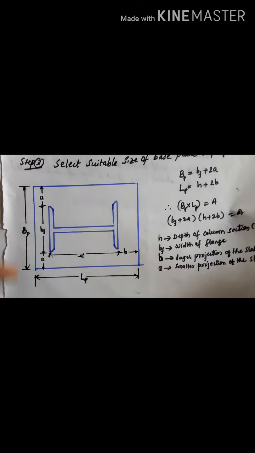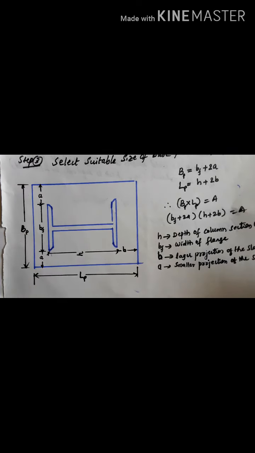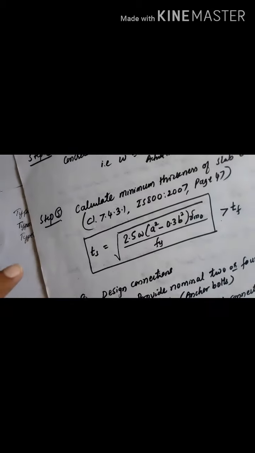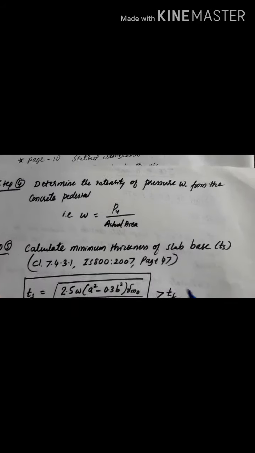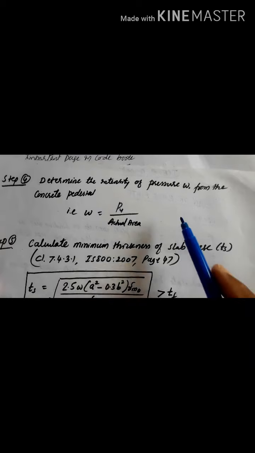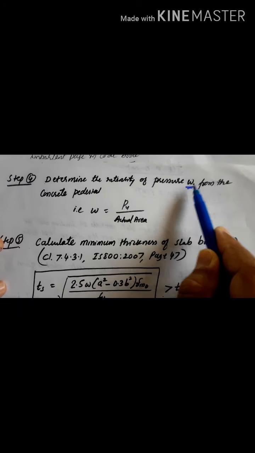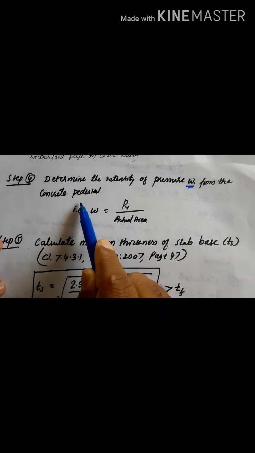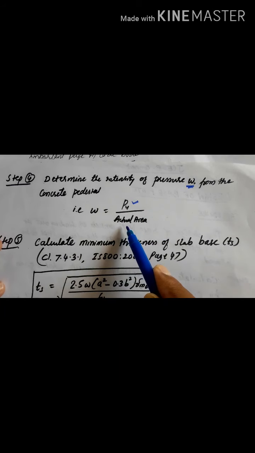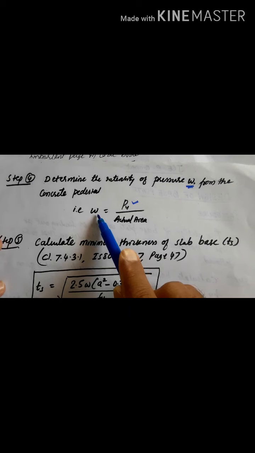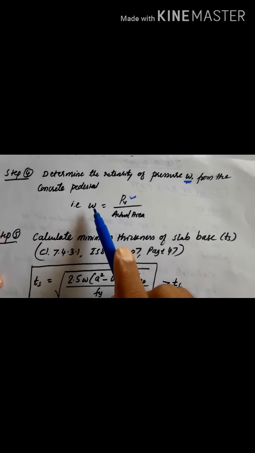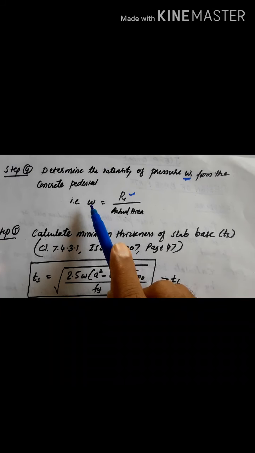Once you have done these things, next determine the intensity of the pressure, that is W, from the concrete pedestal. The load is known, so with the actual area provided, load divided by this actual area gives the intensity of pressure.